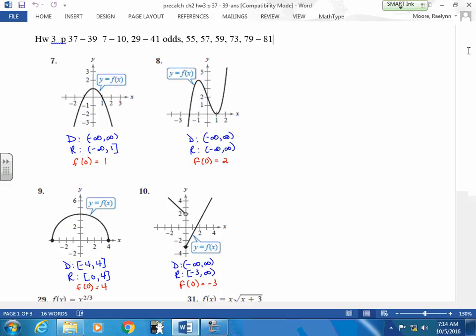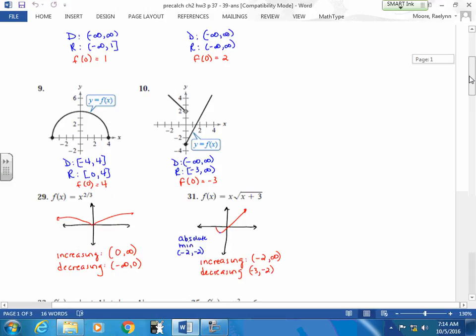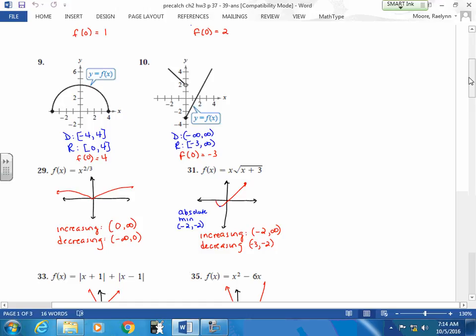Stop me if you have any questions on this. When you have a cubic, it says its domain and range are negative infinity to infinity. Nine and 10. 10 is a piecewise. This piecewise is going on and on and on, even though it looks like it stops.